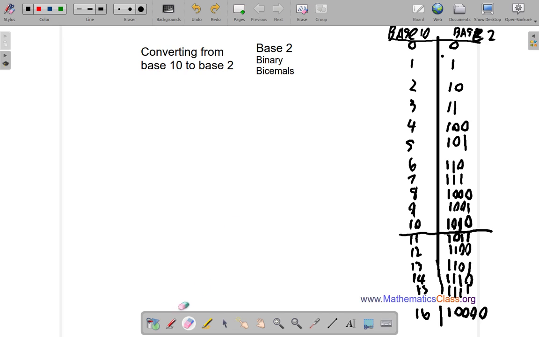What we want to do now is convert the other way around, from base 10 to base 2, to get our base 2 number.